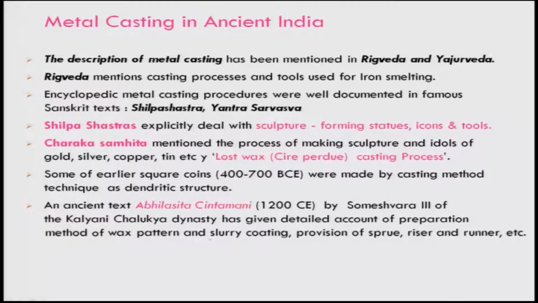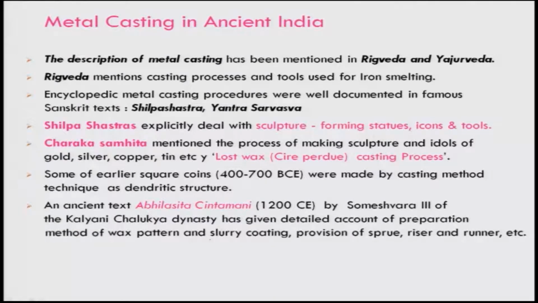And the Charaka Samhita, which we have discussed several times, mentions the process of making sculptures and idols of gold, silver, copper and tin, and talks about a process known as the lost wax casting process, which in modern times is also known as investment casting.